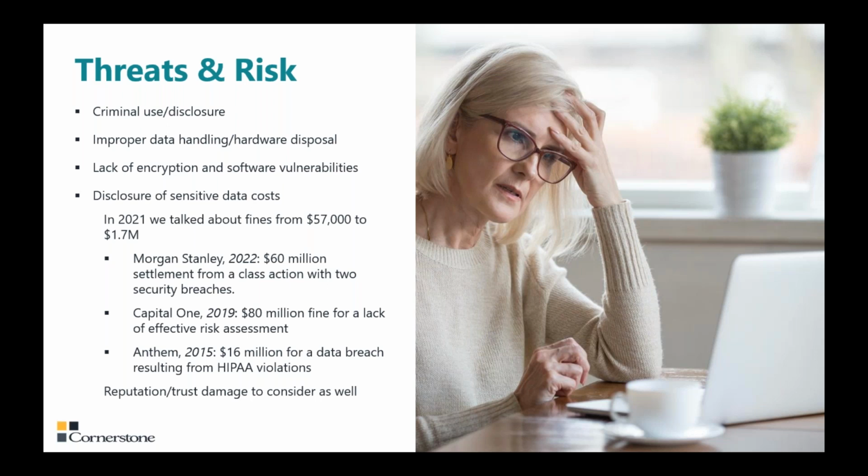And for the last example, I just thought we'd reach a little bit closer to home. In 2015, there was an Anthem data breach resulting from several HIPAA violations that resulted in the leaks of names, birth dates, social security numbers, and medical IDs of their customers.